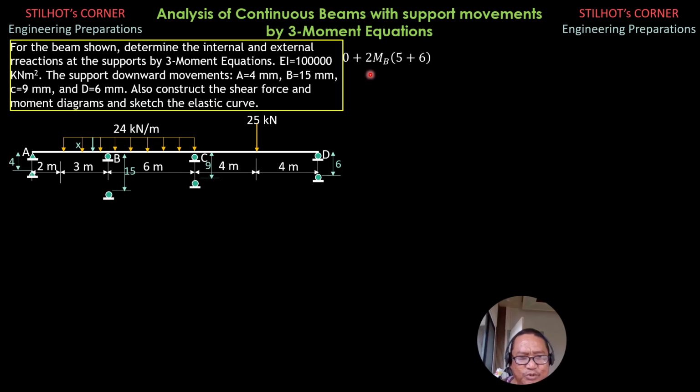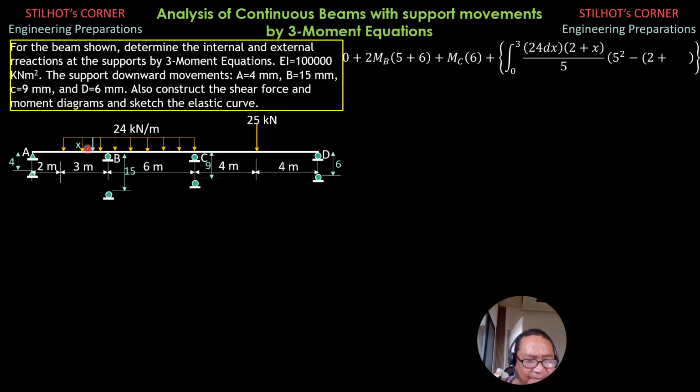So 0 plus 2 times MB quantity 5 plus 6 plus MC times 6 plus integral, this is 24. So integral of 24 dx times 2 plus x divided by 5, the span, then quantity 5 squared minus quantity 2 plus x squared, the distance of the strip from the left support.